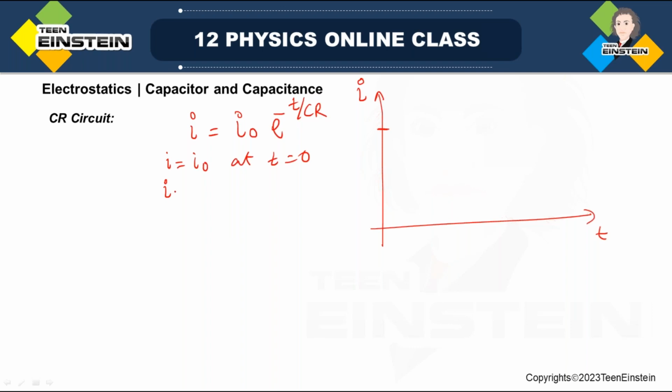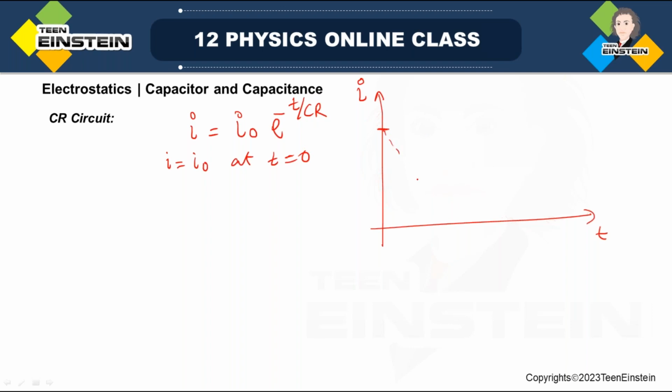At t equal to 0, it will be the initial current, that is the maximum current, and then for values of t not equal to 0, it will decrease.